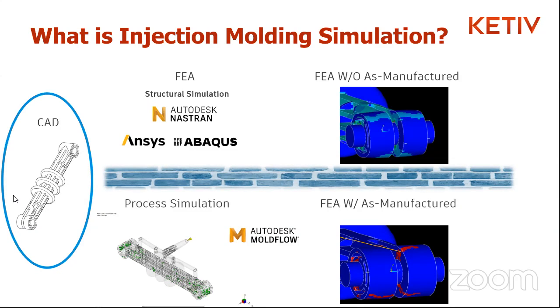So in this case, for example, if you compare the two FEA images here, the one on top gives you some rough areas of maybe slight concern, but depending on the color code, red is of course most dangerous.